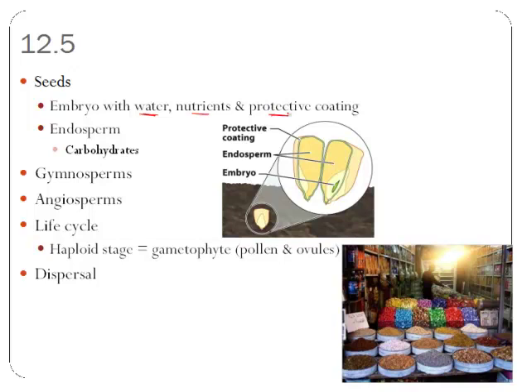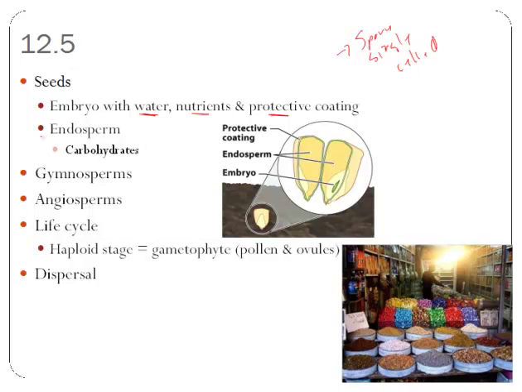So unlike spores, which are single cell, the seed is multicellular and can be preserved for a longer period of time. Spores have to land fairly quickly in a favorable environment or else they dry out. Seeds can last much longer before finding a favorable location to grow.